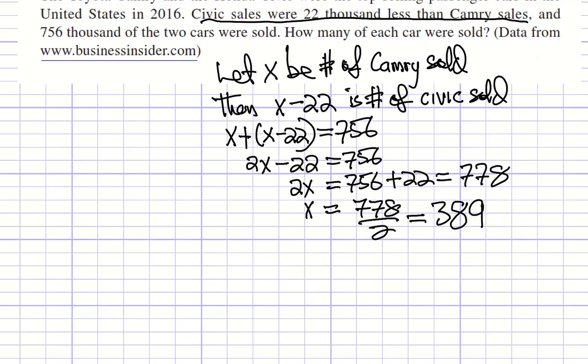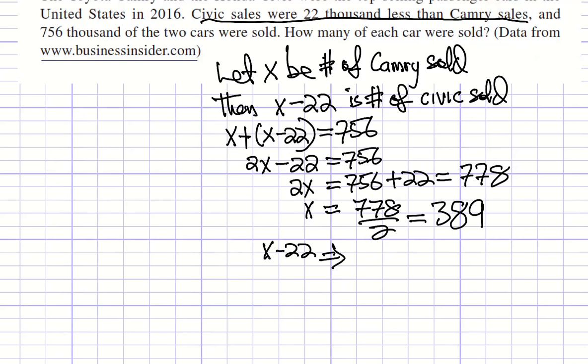Okay, all right, so that means the number of Camry sold is 389. And then if that's the case, the number of Civics sold will be x minus 22.